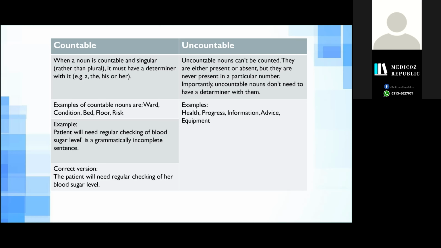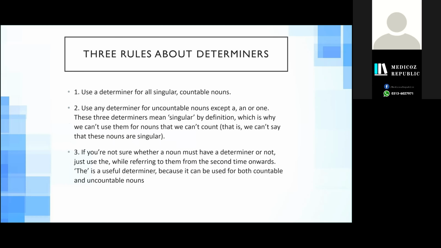This is how we use the when we are mentioning a certain thing the second time. This makes that word very specific, so that we know what we are talking about, so we use the article the. I hope that this is clear.